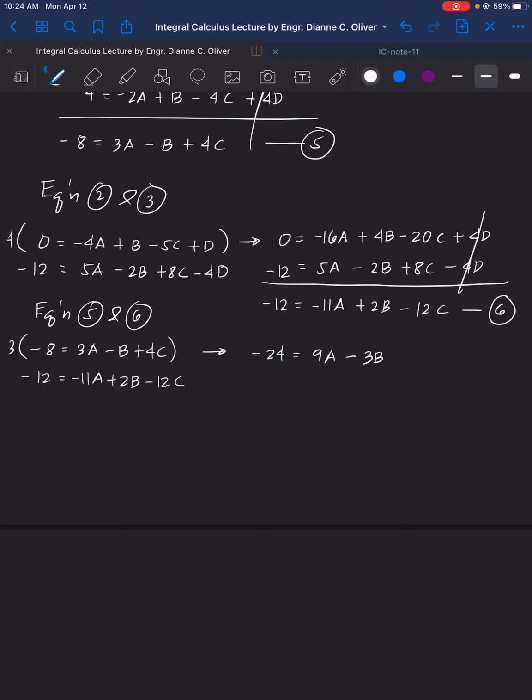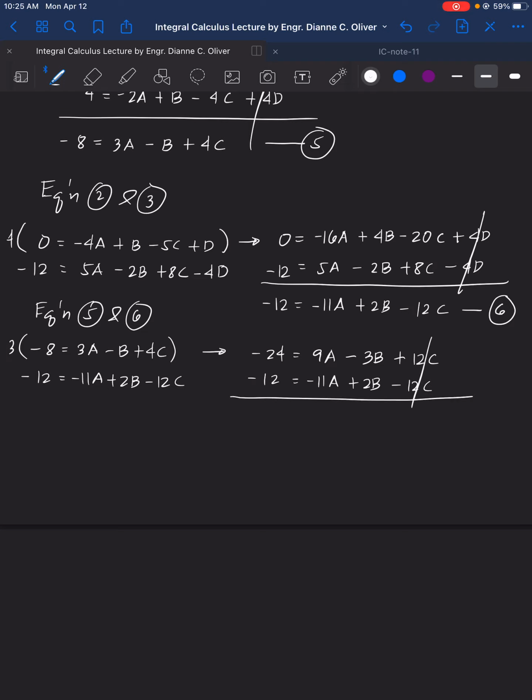Okay, so we have here, and let's continue with this one. So we have there plus 12c. So we have here negative 12 equals negative 11a plus 2b minus 12c.